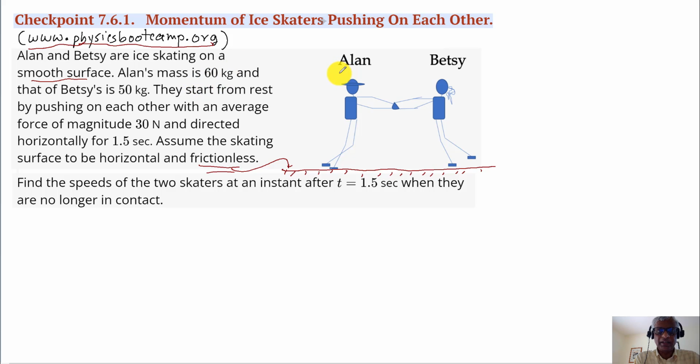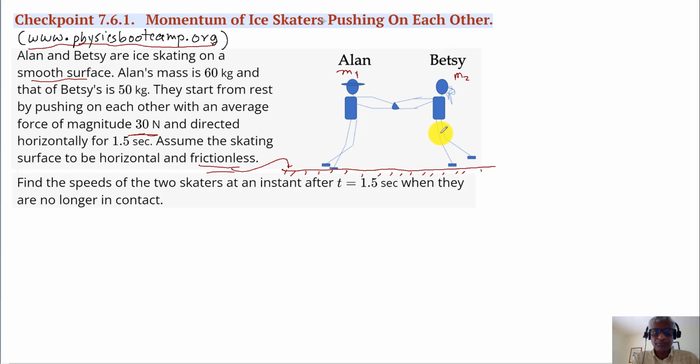Let's see, Alan's mass is m1 and Betsy's mass is m2. So what they're saying is that the force between them, of course, when you're pushing, will change with time, but on average, it has a magnitude of 30 newtons.